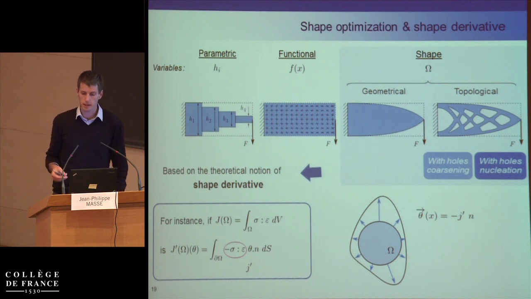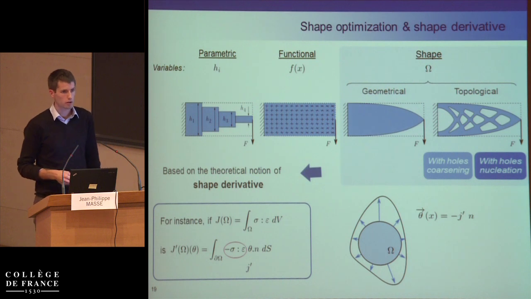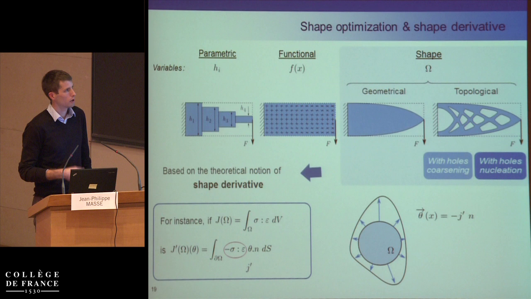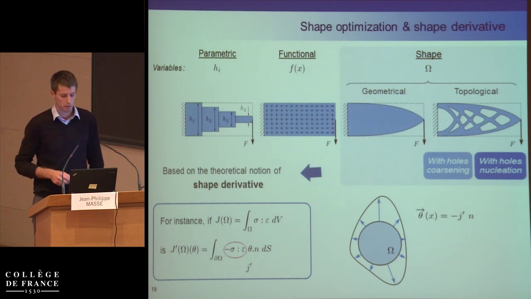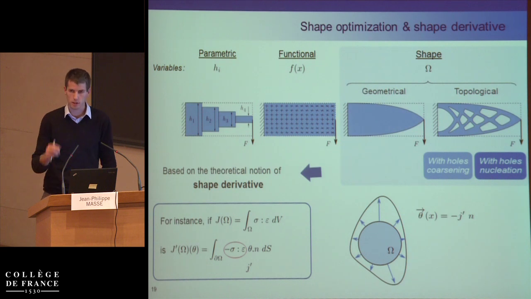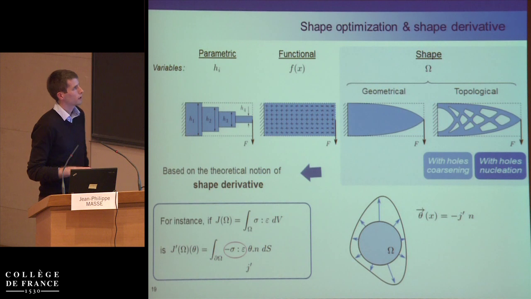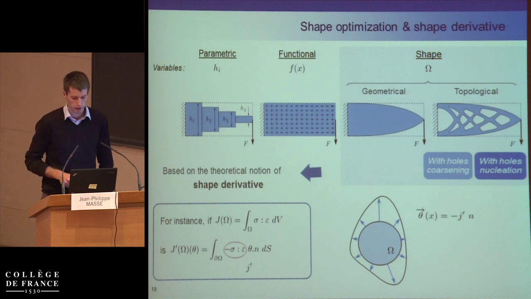So in shape optimization, we have a lot of different discretizations of our geometry. We can do parametric optimization, that means that we define a few parameters to describe the geometry. That's pretty simple. We have functional discretization.